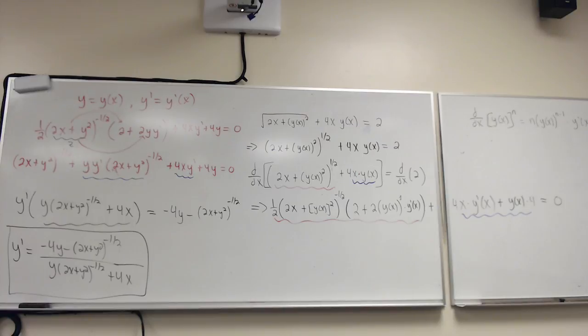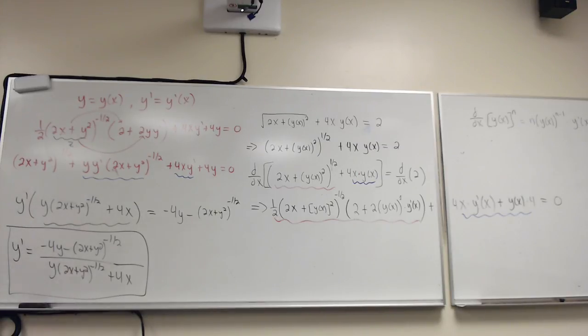As written, you could plug it into the calculator. Simplifying this stuff isn't as important as when you take a derivative of an explicitly defined function. The simplifying there is much more important than trying to simplify the expression for y prime here. It's not as important here as it is in the explicit cases.